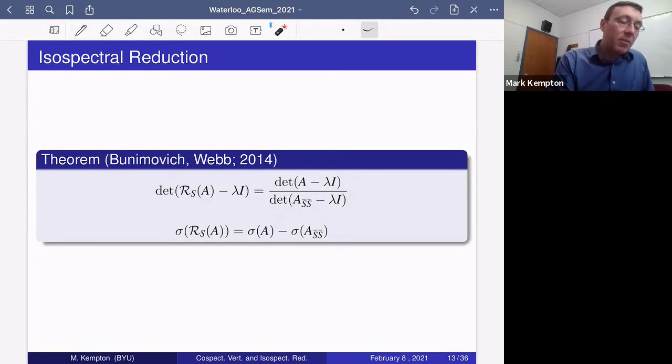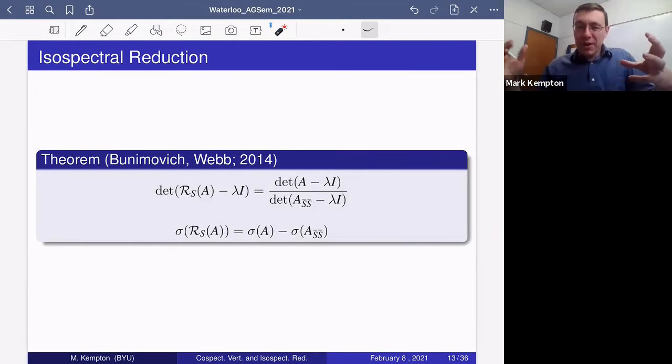So if by chance the submatrix does not have any eigenvalues in common with the original matrix, and this happens quite often, this is in a sense kind of generic, then the spectrum of the isospectral reduction, where by spectrum I mean the roots of the determinant of the matrix minus lambda I, is the same as the spectrum of the original matrix. So it's in a sense a spectrum preserving operation.